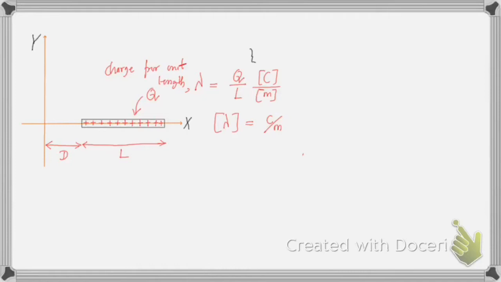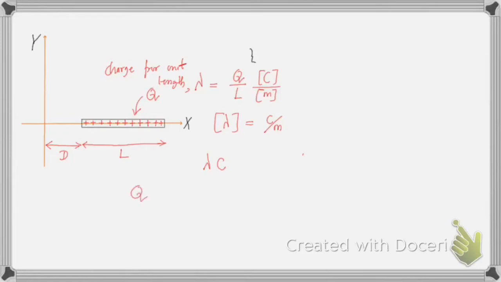Okay, now how much amount of charge you have in 1 meter of this rod? So amount of charge per unit length is lambda. That means if you get 1 meter, you have lambda coulomb charge on that segment.